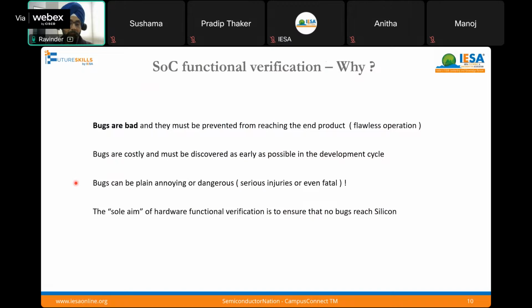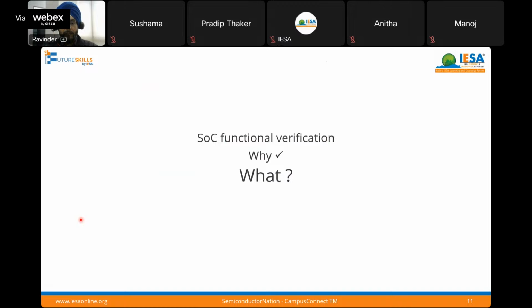Bugs can be plain annoying, as in the case of burnt pizza or a hanging phone, or they can be dangerous, as in the case of robotic surgery or a vehicle developing a problem at high speed. So the sole aim of hardware functional verification is to ensure that no bugs reach silicon. So this covers the first portion, which is the why part.